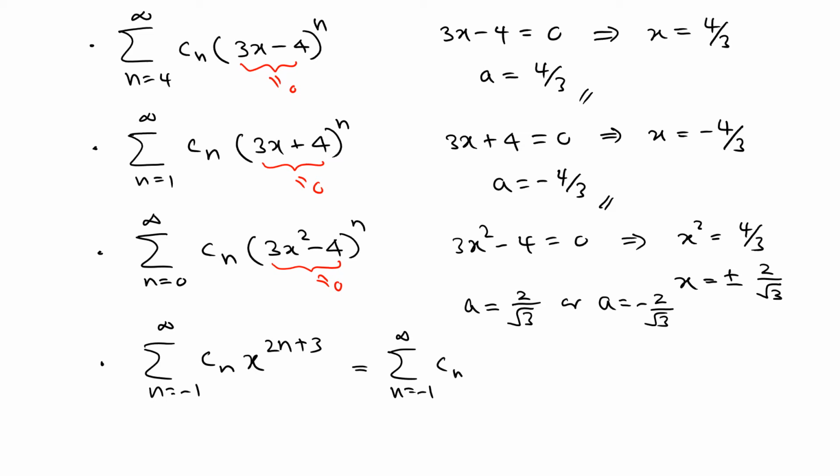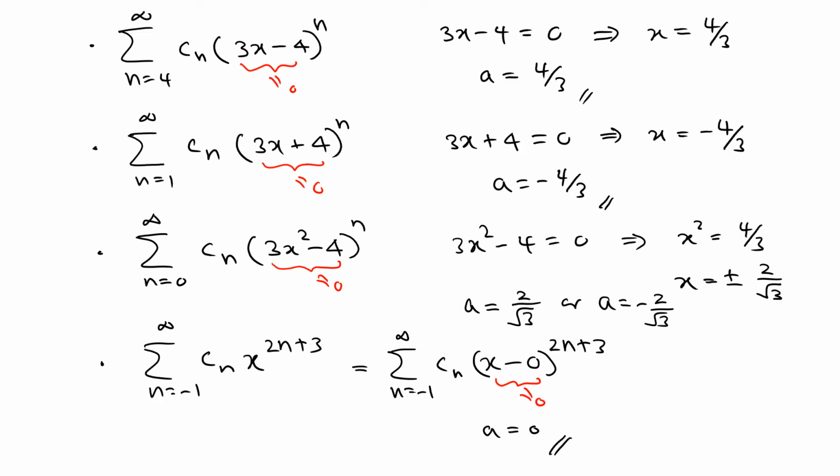We can write this as x, if you see just x, put a minus 0 like that, and then 2n plus 3. So you can see in this case the center is 0. Again, you can set this equal to 0. So a equals 0. Good. Those are the ways you can look at the center.